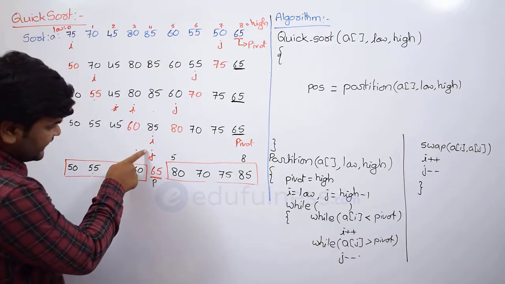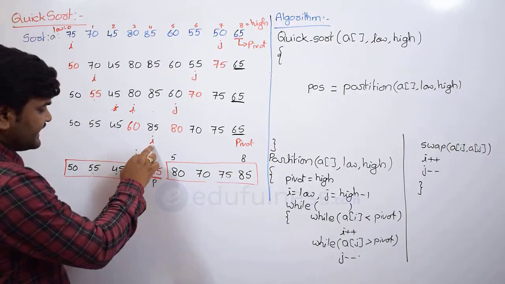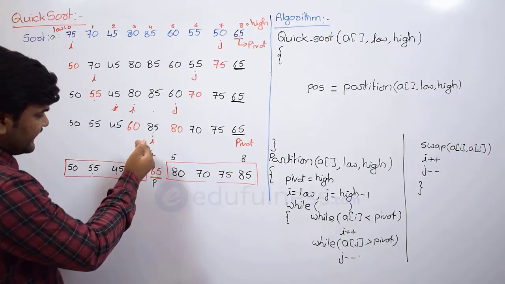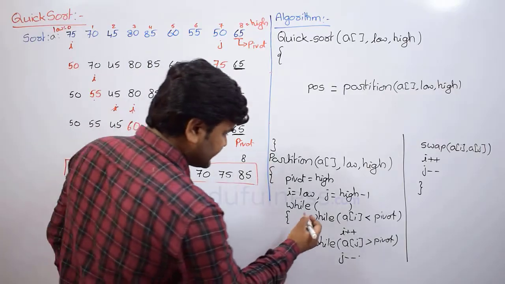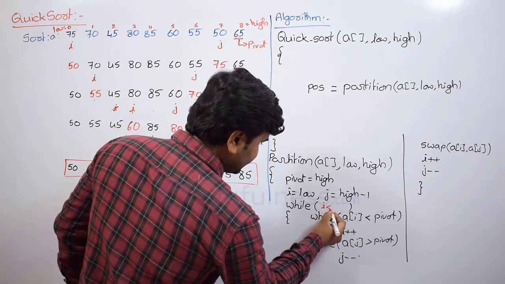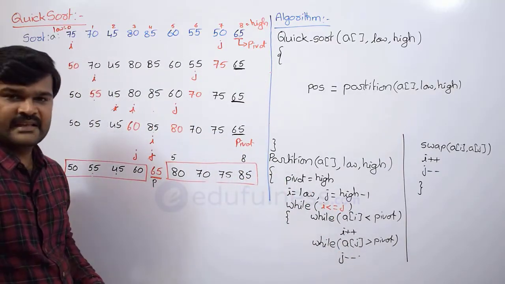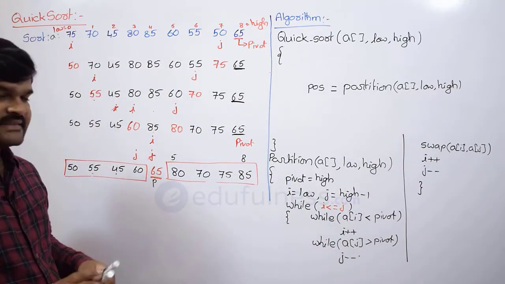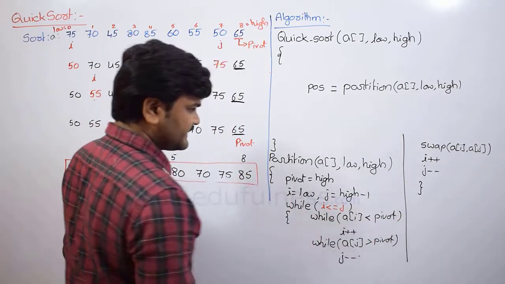Even when i and j are same, you continued actually. But the moment i is greater than j, then you stop the process. So that is the condition here: if i is less than or equal to j, you just continue. So that is what we did, right? So this loop is going to terminate here.